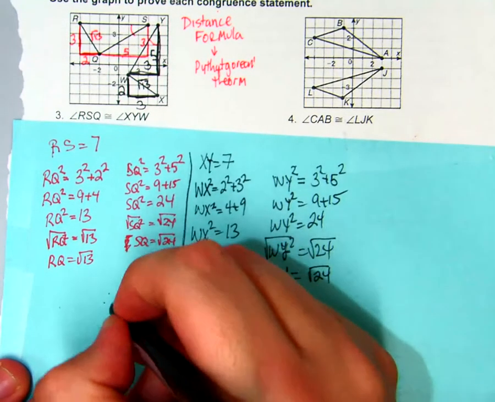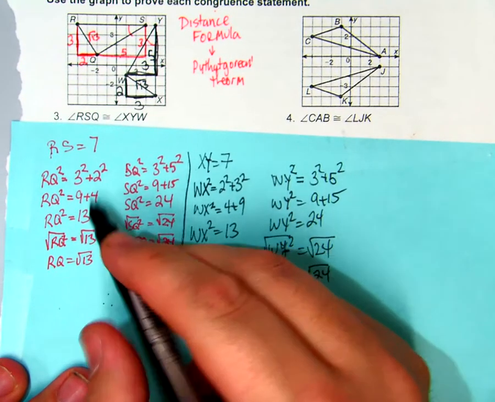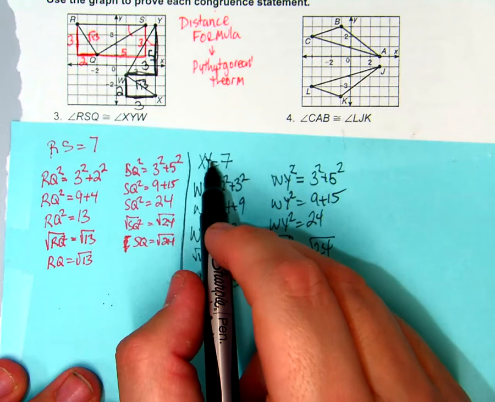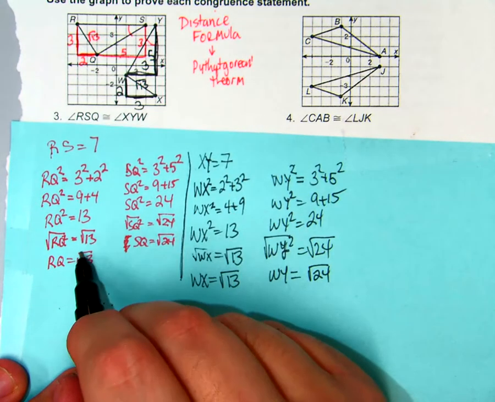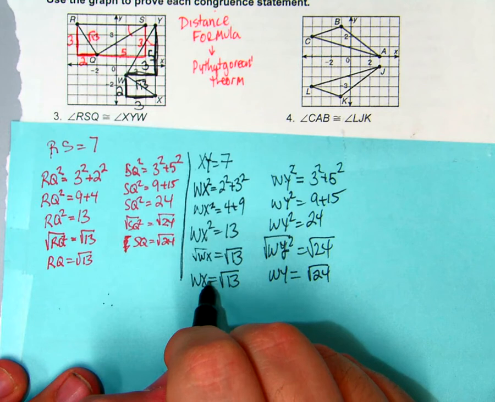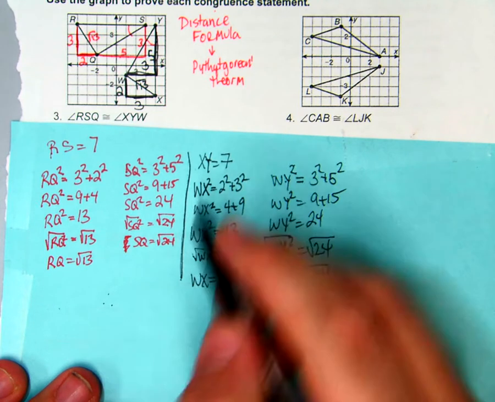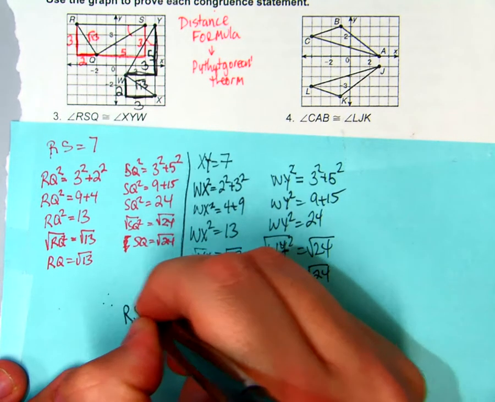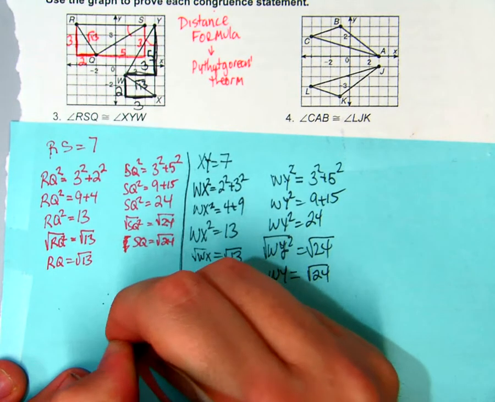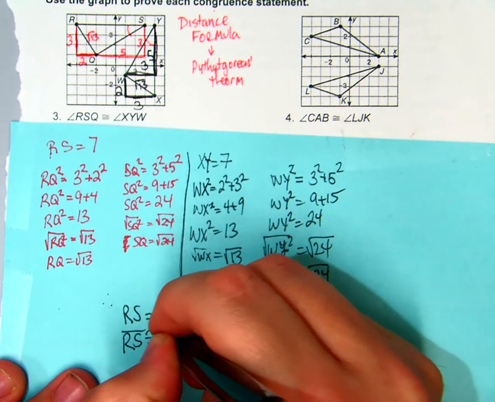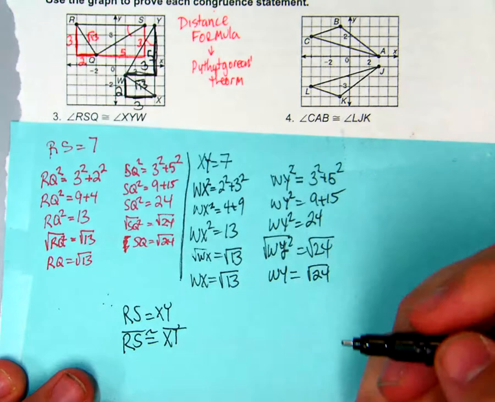So therefore, since RS is equal to XY, RQ is equal to WX. So RS is equal to XY, which means the segment RS is congruent to the segment XY.